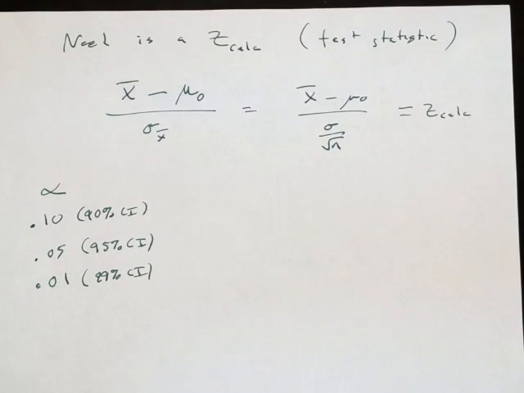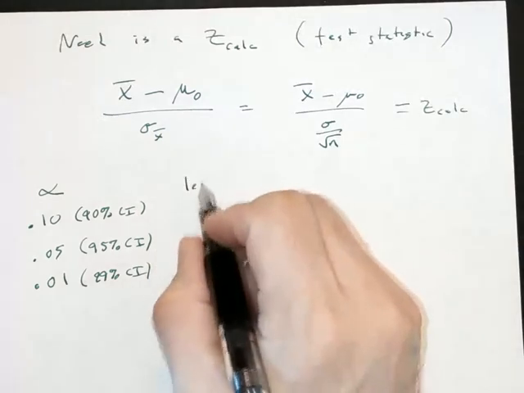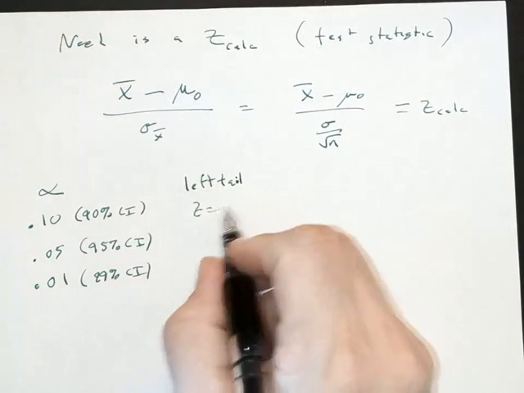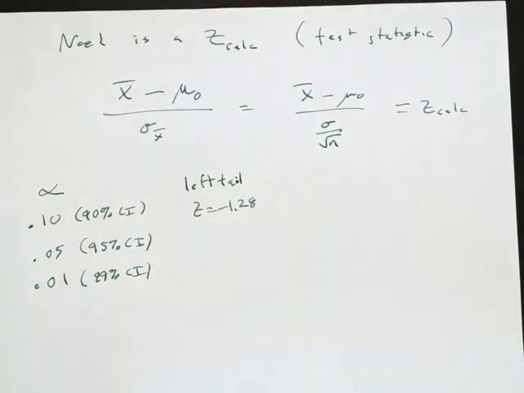Now that would be the area in the left end, right? Look at the picture at the top of table C2. That would tell me that the left tail has an area of 0.1 when z is negative 1.28. So I'm going to say that that's the left tail. Z equals negative 1.28.